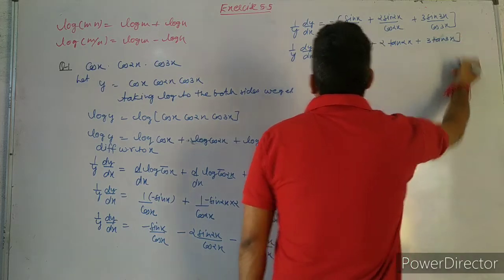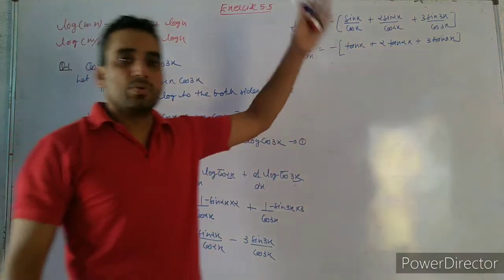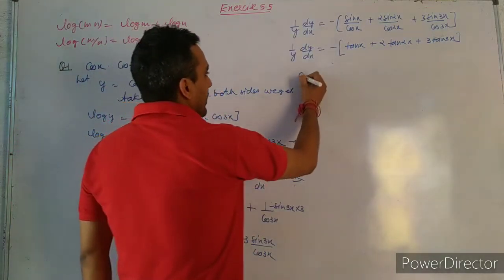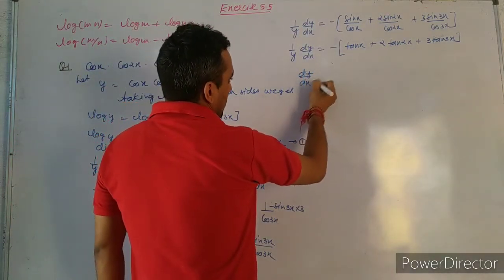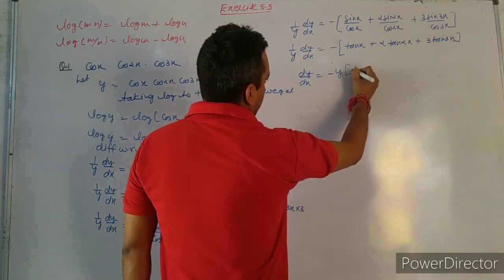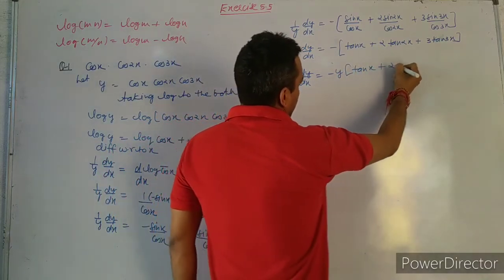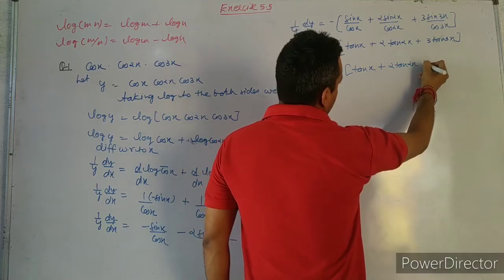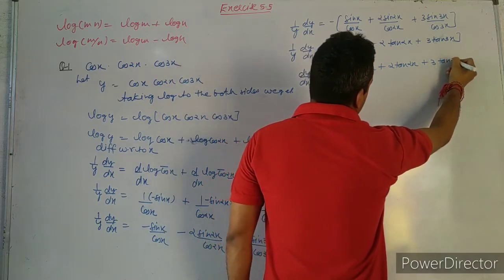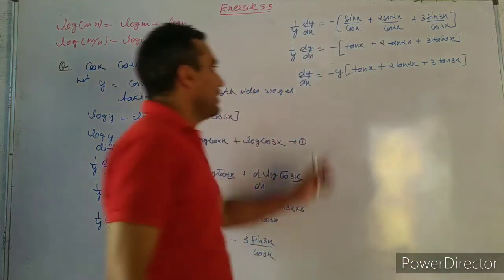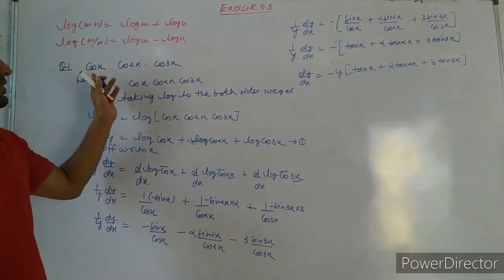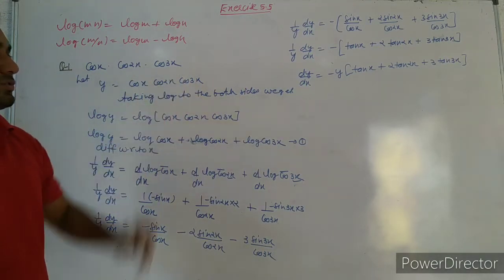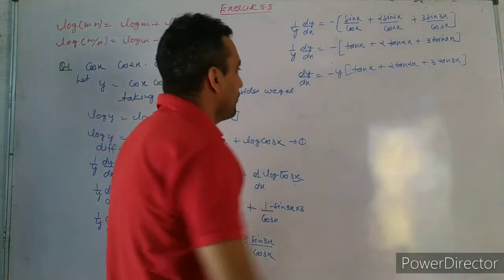And this y will go to the other side. So dy upon dx equals negative y times tan x plus 2 tan 2x plus 3 tan 3x. And the value of y is cos x, cos 2x, cos 3x. Now we substitute this value of y.